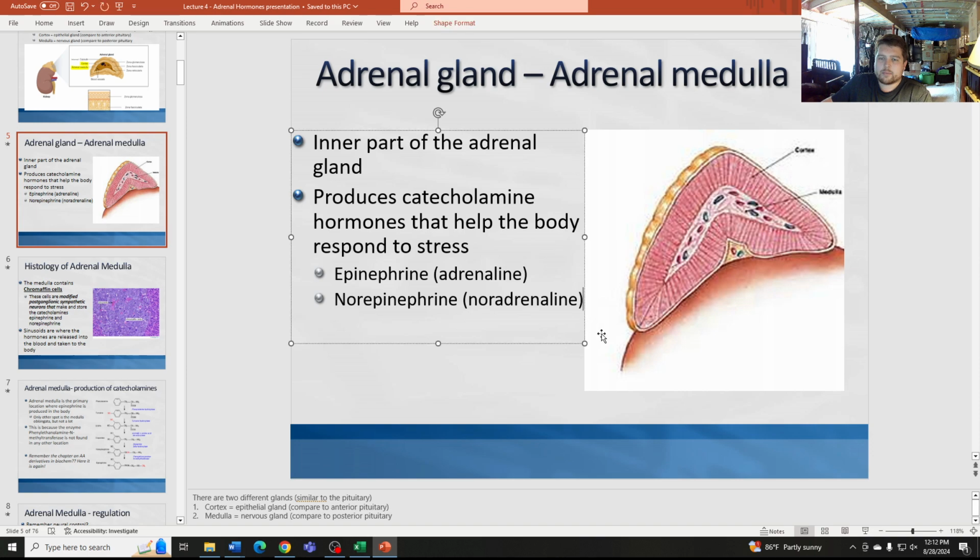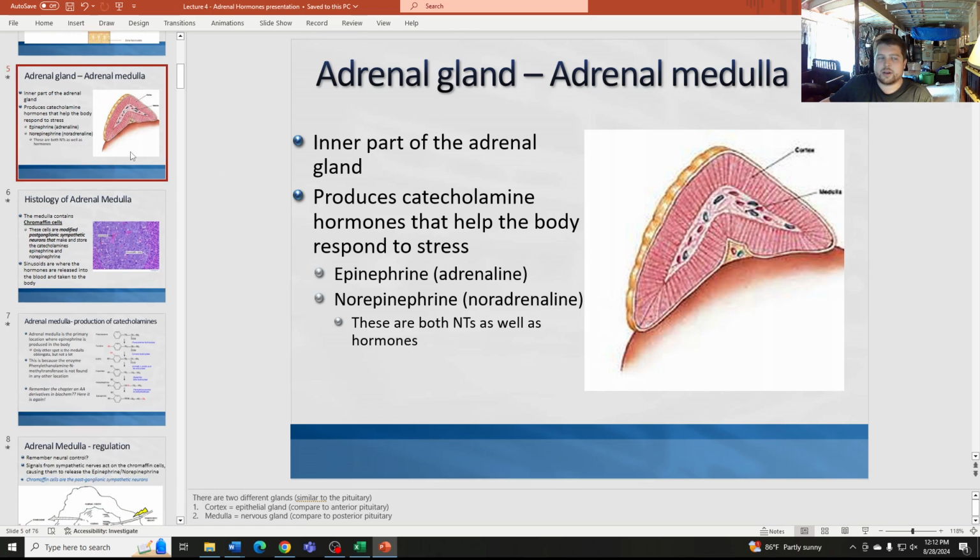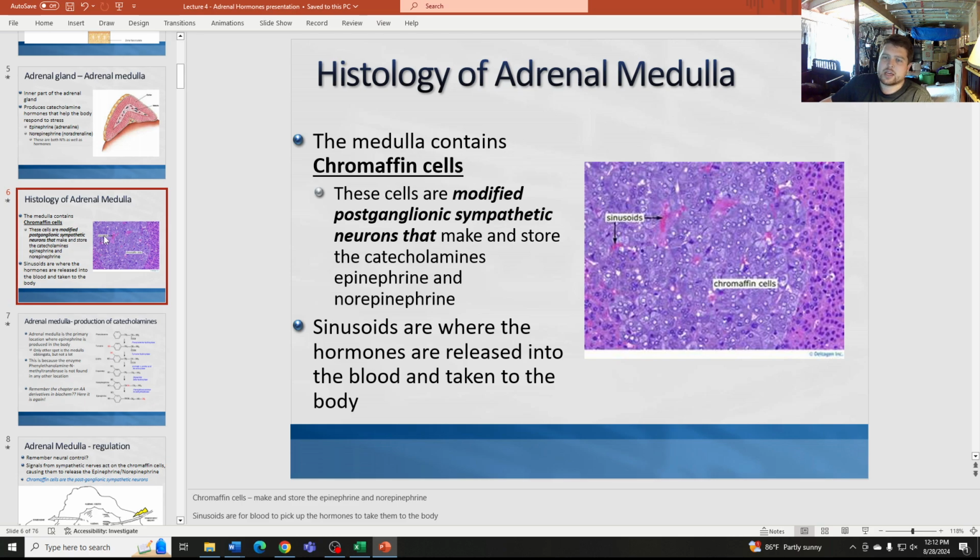Now, if we remember, epinephrine and norepinephrine are both neurotransmitters as well as hormones. So looking at it here, we're going to be talking about the hormone function of epinephrine and norepinephrine.